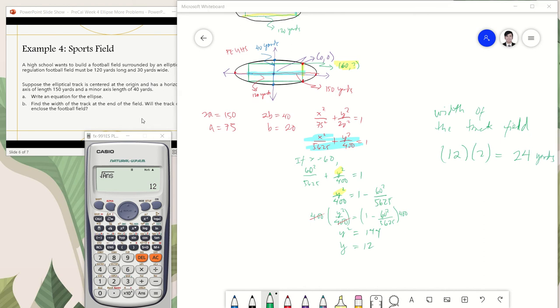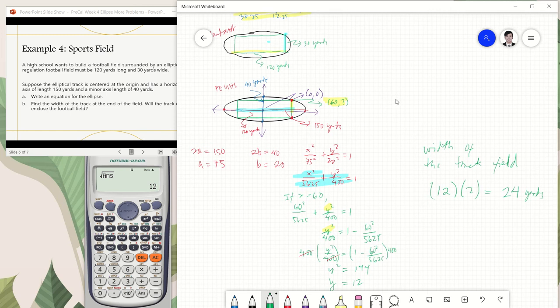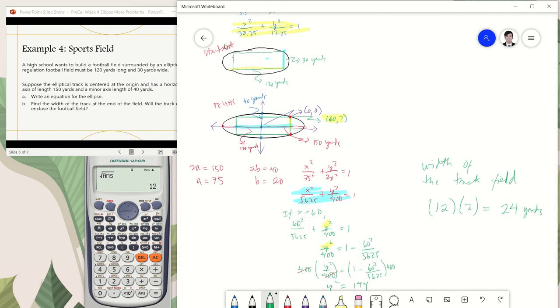And now, yung question is, will the track completely enclose the football field? So you will look at now the standard that we have a while ago. So ano yung dapat dito? 30 yards. Pero 24 yards lang ito.